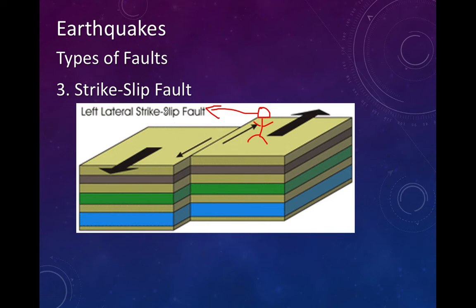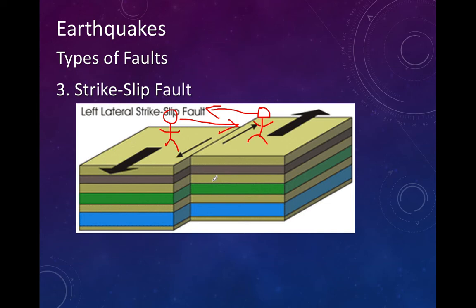Now, the crazy thing about this is that if you were standing on this side, and I forgot to show you this on the other one, if you're standing on this side and you're looking this direction, what direction would it look like it was moving? Well, it would also look like it is moving towards your left.